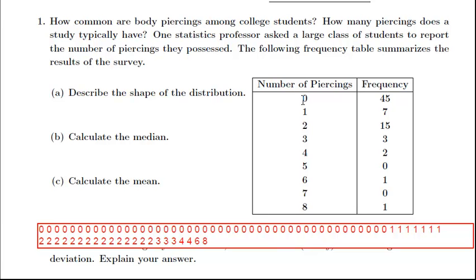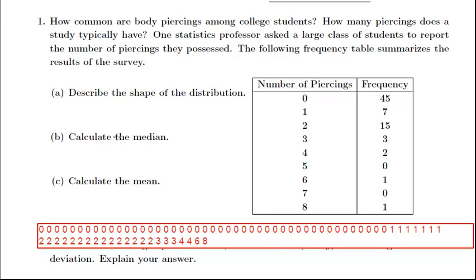And so we had values from 0 up to 8, and in the right column are the frequencies. So what this table is telling us is that 45 students of the surveyed had 0 piercings. 7 students had 1 piercing. 15 students had 2, and so forth.